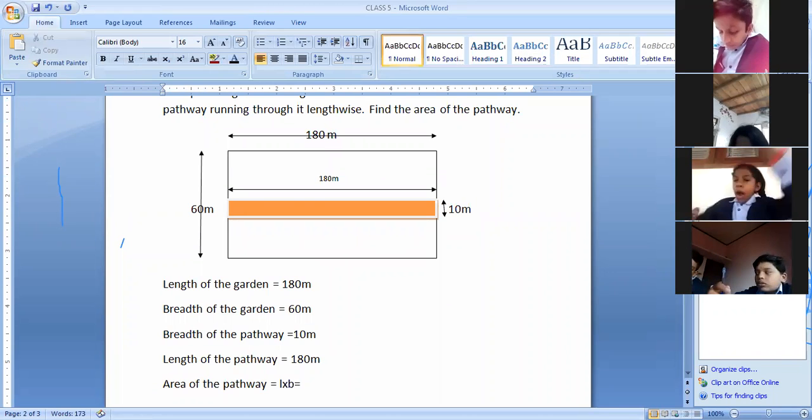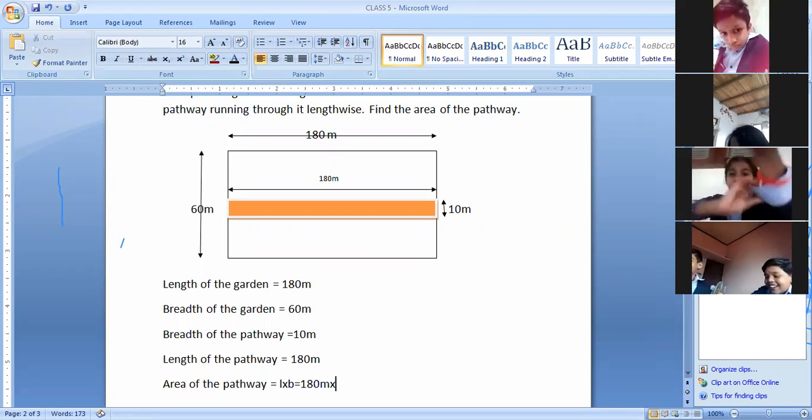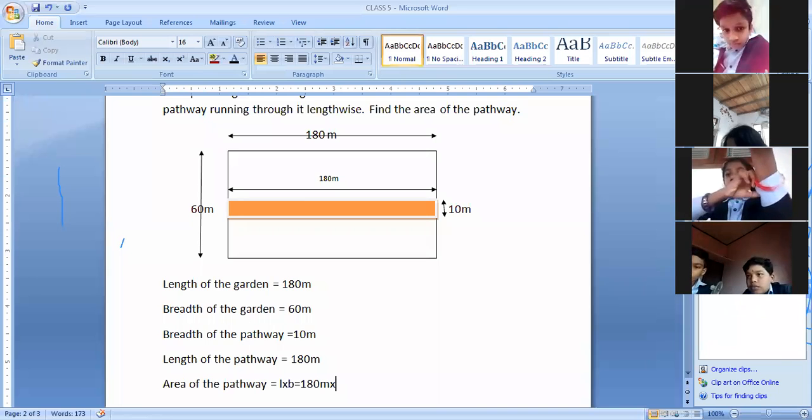What is length here? 180 meter. Okay. What is breadth? 60 meter. 60 meter is the breadth of the garden. What we are going to find? We are going to find the area of the pathway, right?